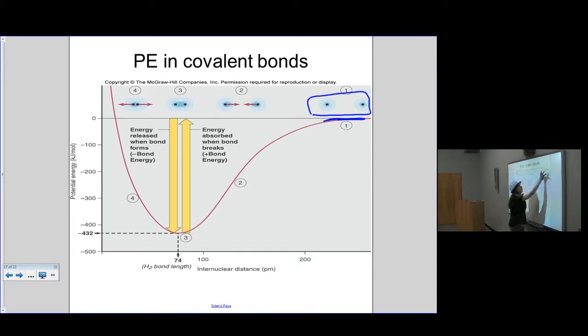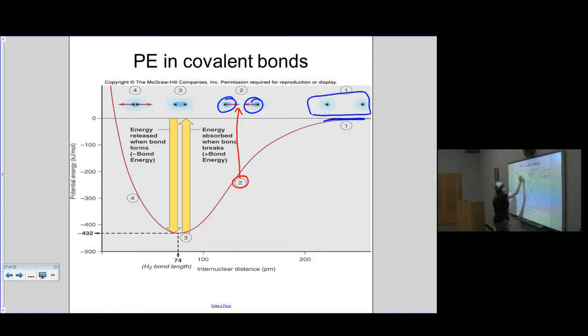But as they begin to get closer and closer together, so our distance is getting smaller and smaller, they begin to have interactions, so that there's more energy related here because there's both attractive and repulsive forces, but no bond has formed yet. They're close but not close enough.